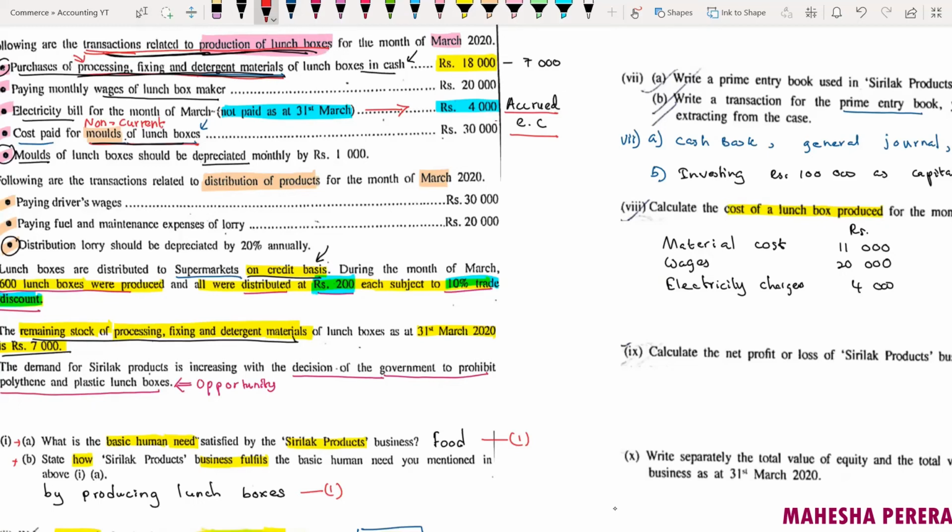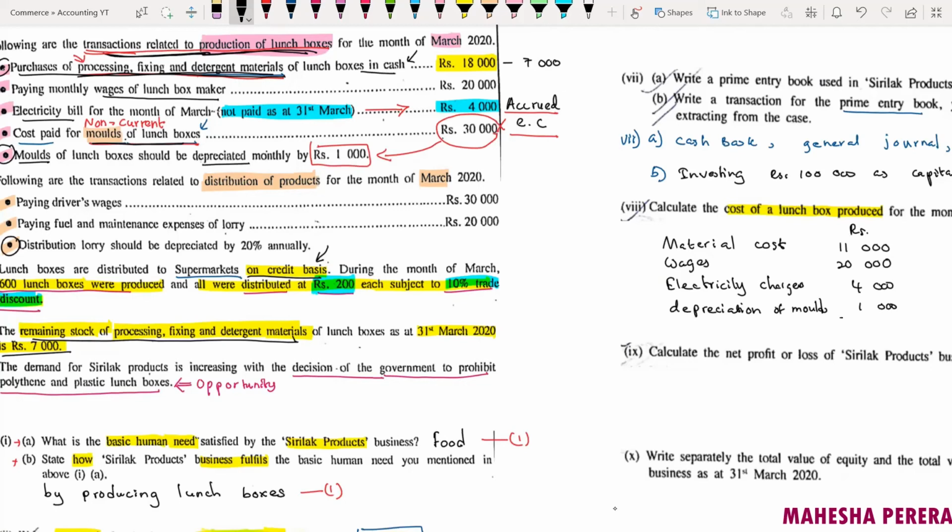So you should not record this 30,000. Remember it. But you need this value to calculate the depreciation, right? Anyhow, the depreciation value is given. So the next cost is actually depreciation of moles. And it is 1,000, right?